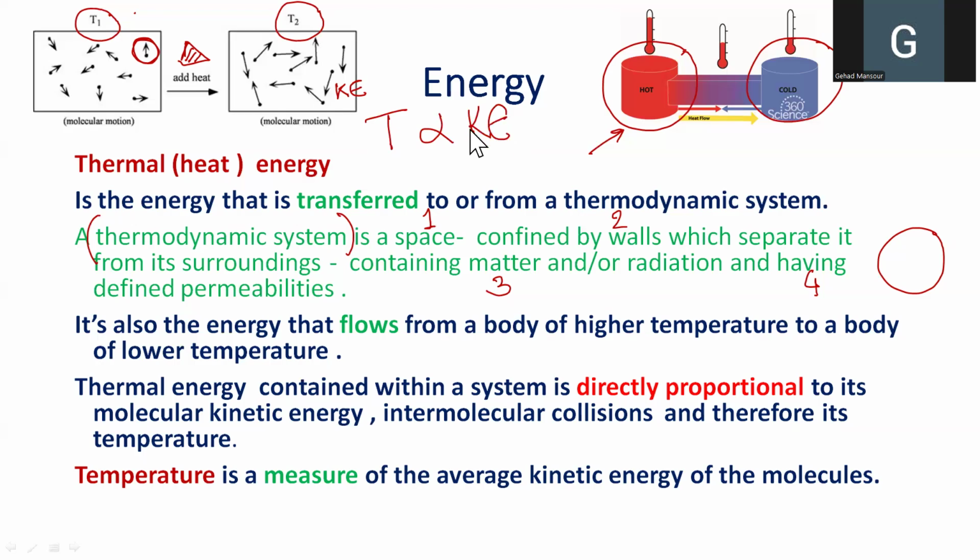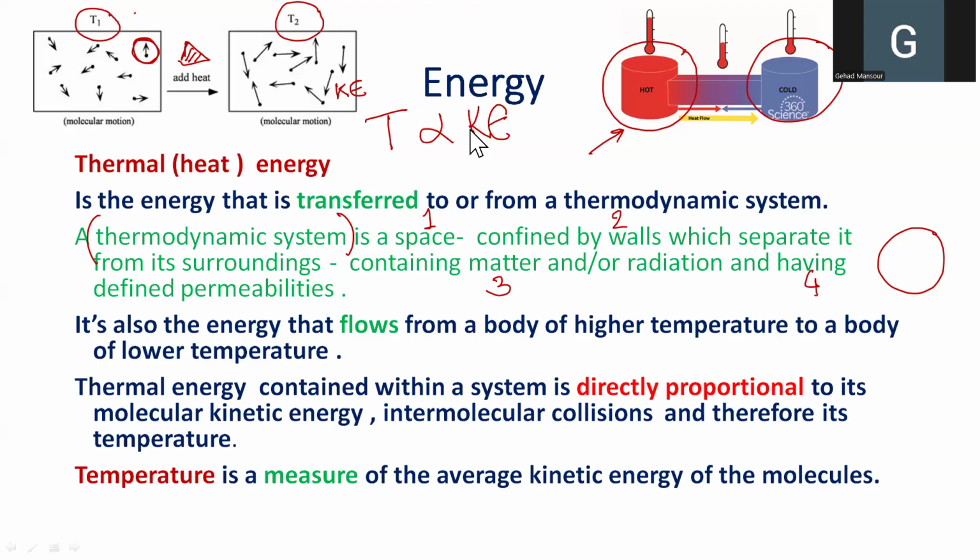And the concept of temperature is different from the concept of heat energy. Heat energy and temperature are not the same. Heat is a kind of energy. Temperature is a measure of the kinetic energy stored in the molecules, of the average kinetic energy.